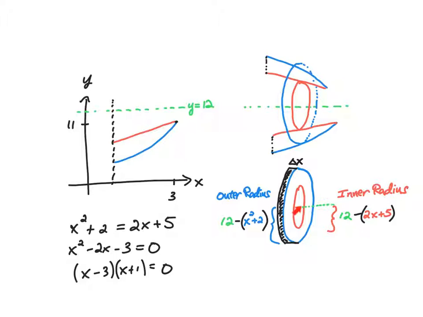So the radius here will be 12 minus this red circle, which is actually created by revolving this line around. So it's going to be 12 minus (2x plus 5). Similarly, the outer radius is going to be 12 minus the parabola. So it'll be 12 minus (x squared plus 2). So the technique is really similar to what you did before with area between curves.